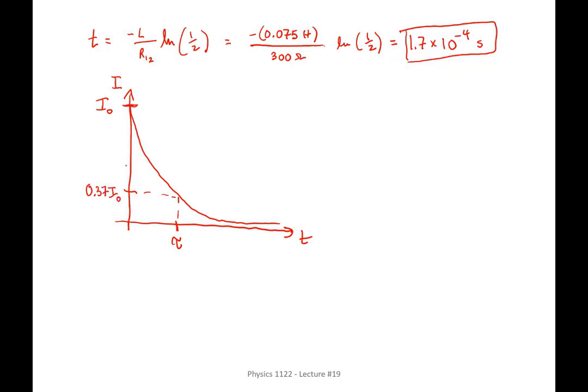So to fall to half of its maximum, that time must occur sooner than one time constant. And that's the time that we solve for in this problem. So this is the t value that we just found to be 1.7 times 10 to the negative 4 seconds. So in this circuit, it's not taking very long at all for the current to go to 0. And that's an example of an LR circuit.